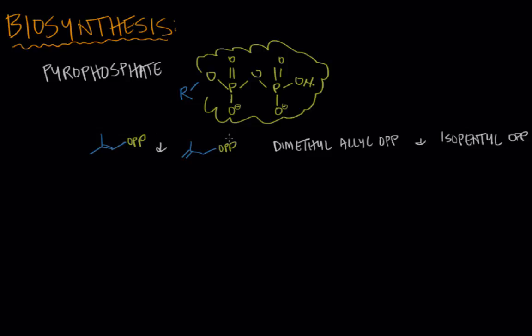What happens is the electrons of one pi bond act like a nucleophile and they attack this carbon, allowing the pyrophosphate to leave, and that results in a 10-carbon molecule called geranyl pyrophosphate. And so that's geranyl pyrophosphate.